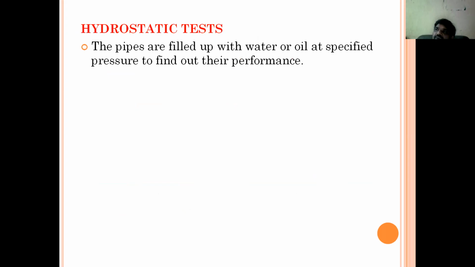All the pipes which are going to be used in the water supply system have to be filled up with water or oil at a specified pressure to find out their performance. The performance of the pipes has to be found out by filling the pipes with oil and water, so that we can find out their capacity, in the sense their performance.